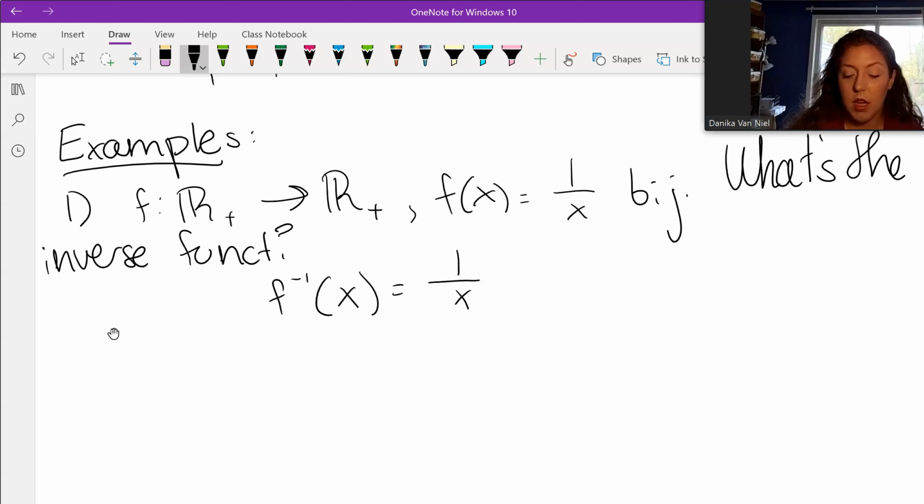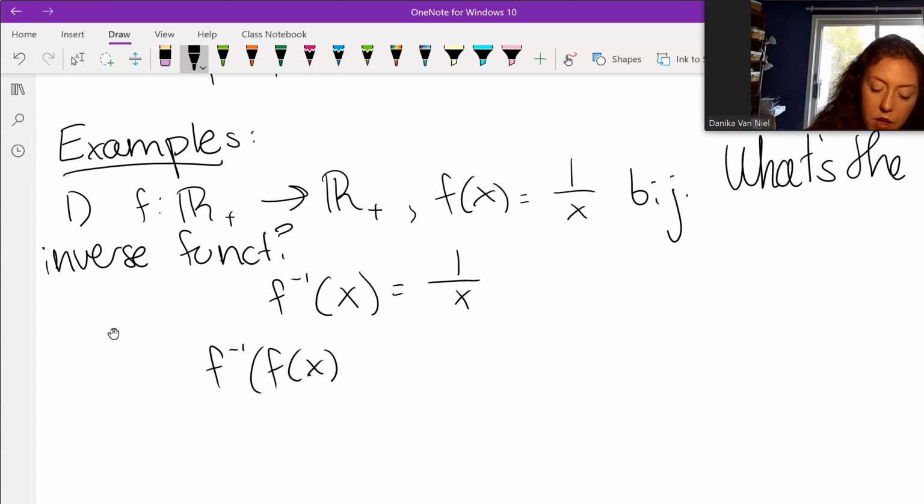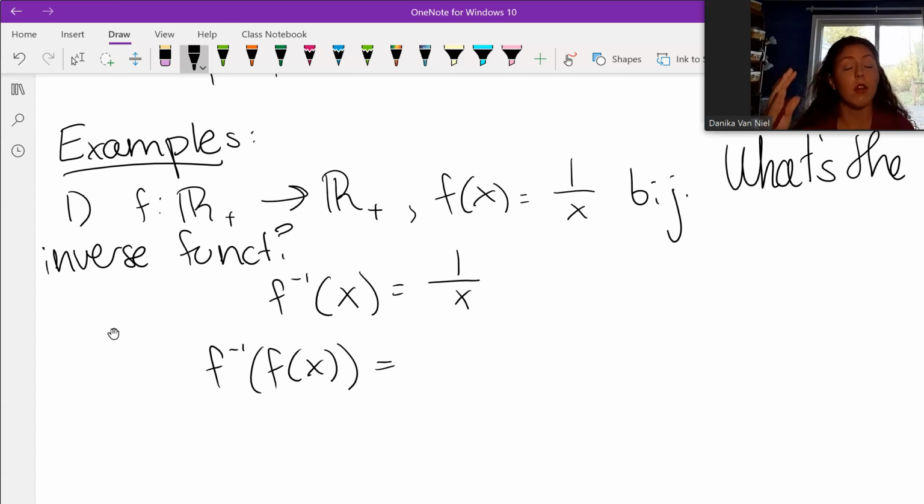Okay. All right, so now I need to check my two things. So first, if I do f inverse of f of some positive real number. Oh, also, something you want to always be on the lookout for is problems with zero, problems with dividing by zero, stuff like that, or also negatives, like negatives and square roots, and maybe you're not in the complex numbers, you don't have imaginaries.